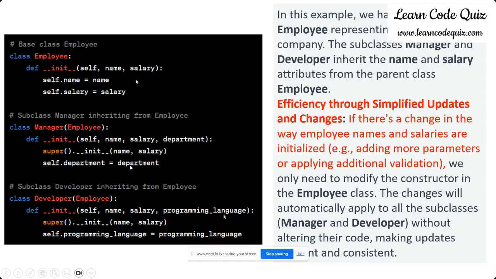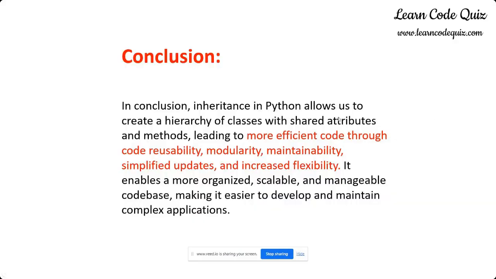If you have to change the name or salary, you need to modify the constructor in the Employee class, and the changes are automatically applied to all the subclasses, Manager and Developer. So efficiency through simplified updates and changes. In conclusion, more efficient code through reusability, modularity, increased flexibility, and simplified updates.